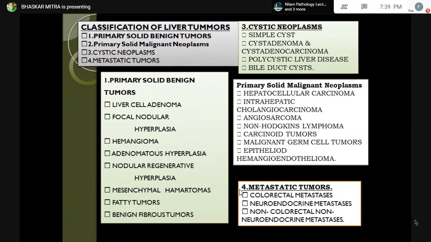Liver adenoma, focal nodular hyperplasia, hemangiomas, adenomatous hyperplasia. If cystic, it's a simple cyst or cystadenoma, carcinoma, bile duct cyst. If the lesion is solid and malignant, then comes hepatocellular carcinoma, cholangiocarcinoma, all those carcinomas, lymphomas, this group. Or there may be small solid nodules that cause metastatic tumors, multiple nodules.